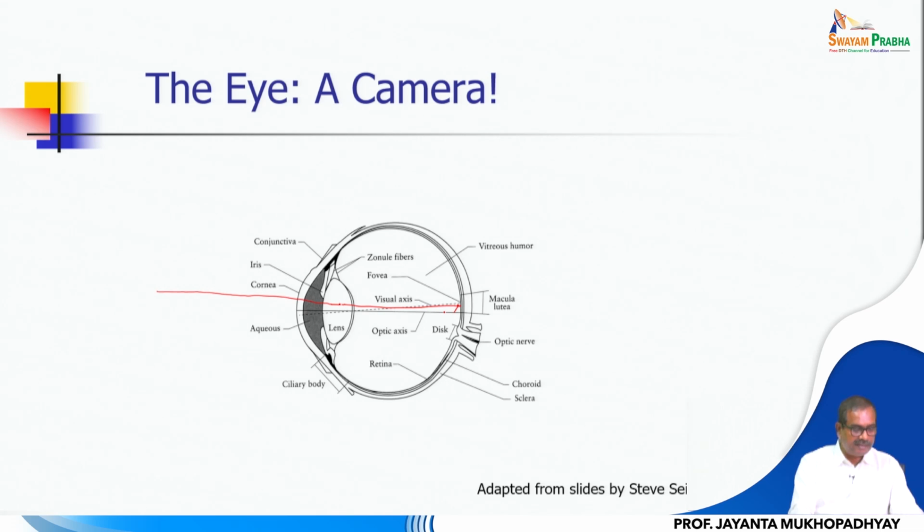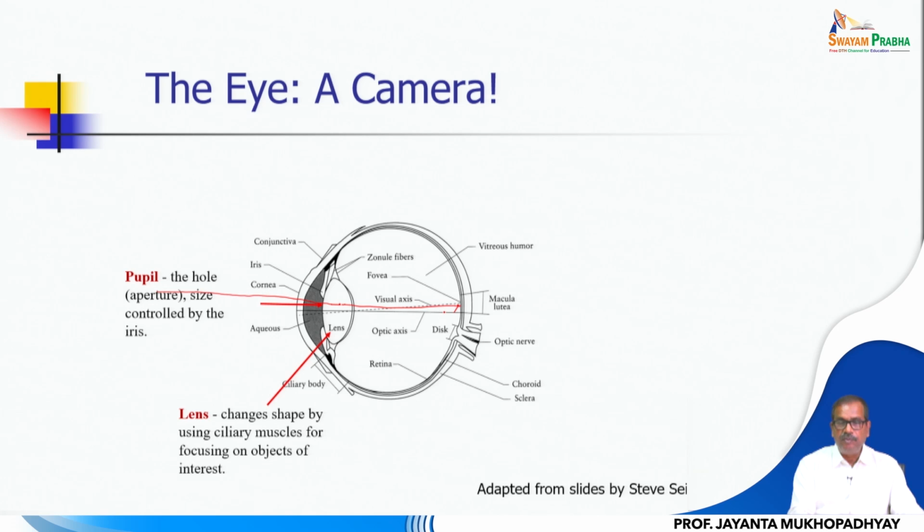So we have a lens, and like a camera where we can adjust the focal length by moving the lens here and there, we have certain muscles which can do this, much stronger and much more flexible, to adjust the focal lengths. Not only that, a camera has an aperture, which gives you the field of view. We also have an aperture: the pupil.